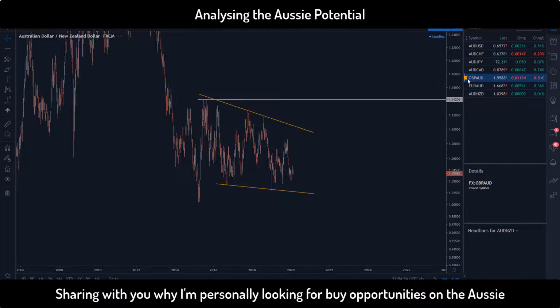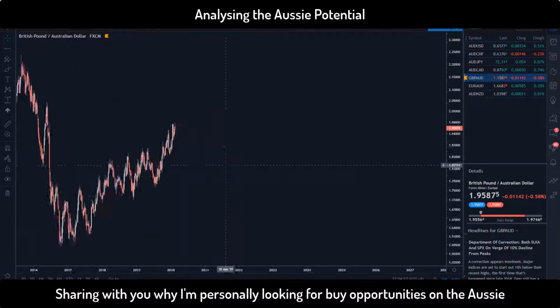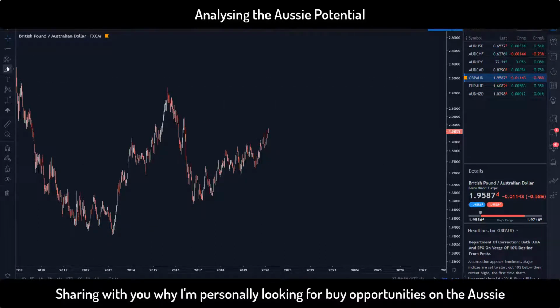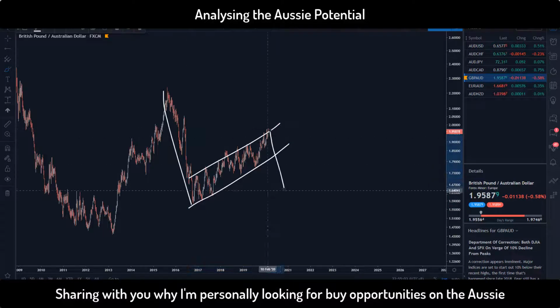But as of now, the clearest is still the pound Australia, because in terms of analysis, we can see this is an impulse, this is a correction. That move down is of a higher probability, and in terms of timing, this is the clearest that we can see a potential setup forming to buy into Australia.